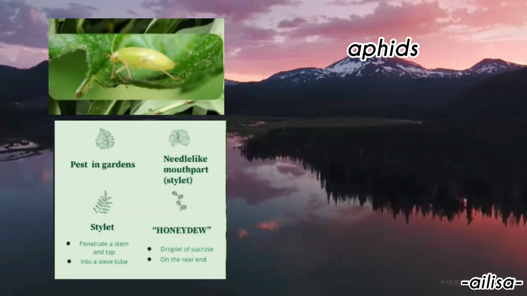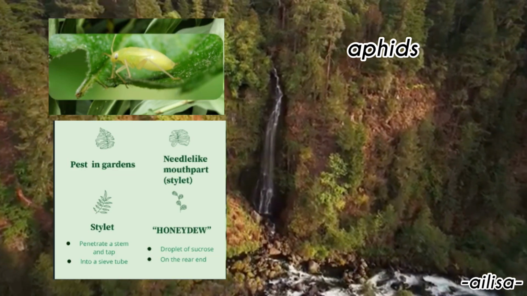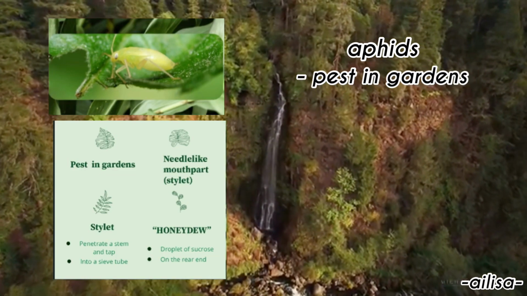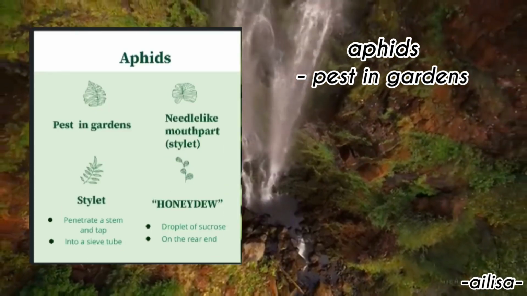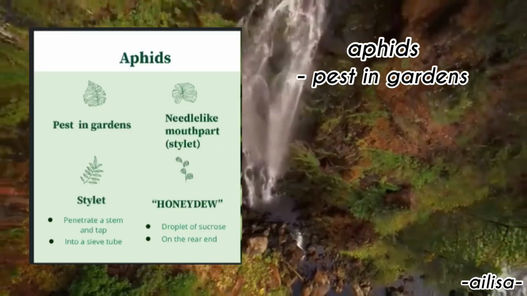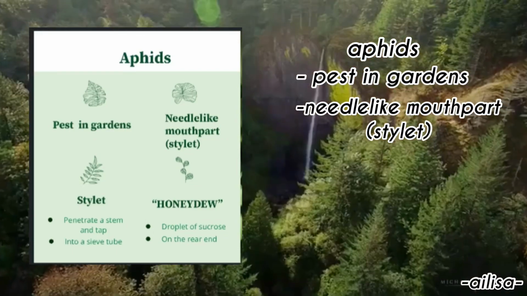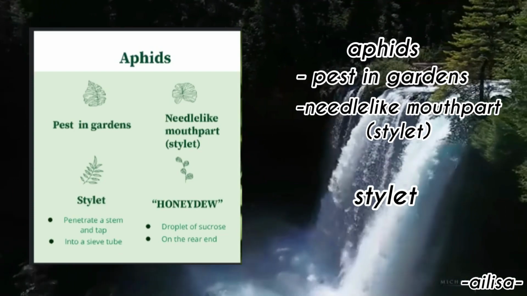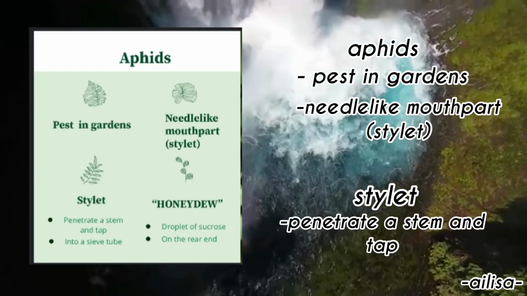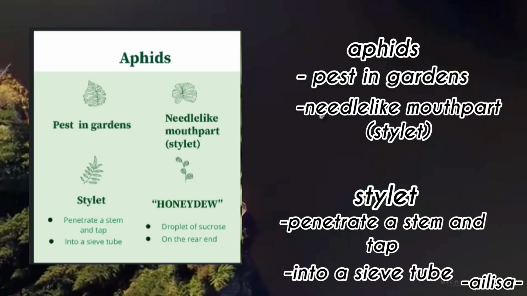Aphids are tiny insects that normally appear in a garden. They are usually present if the pressure of sucrose in the phloem is high. Aphids have a needle-like mouthpart called a stylet. The function of the stylet is to penetrate a stem and tap into a sieve tube.